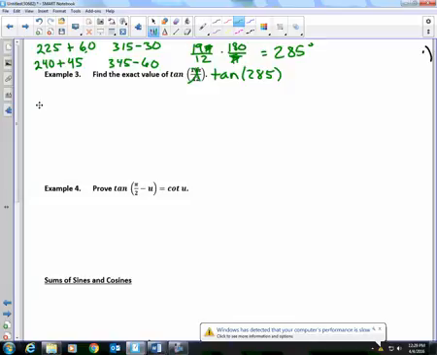I would like to use 225 and 60. However, for the sake of this problem, trying to show you some issues that you're going to encounter in your assignment, I'm going to choose 315 and 30. Okay? So I'll rewrite this as the tangent of 315 minus 30.